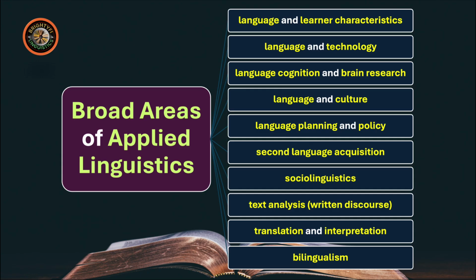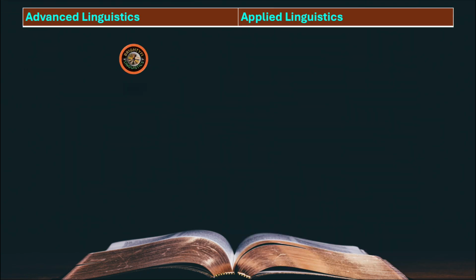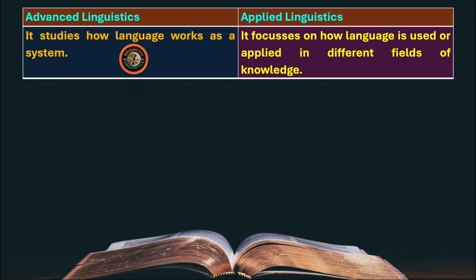We move on to the next: the difference between advanced linguistics and applied linguistics. Advanced linguistics studies how language works as a system, whereas applied linguistics focuses on how language is used or applied in different fields of knowledge.